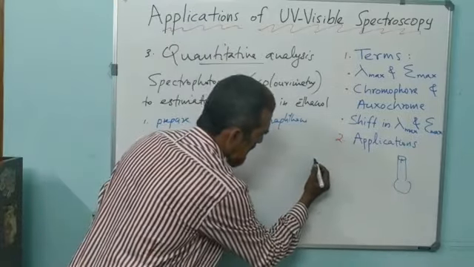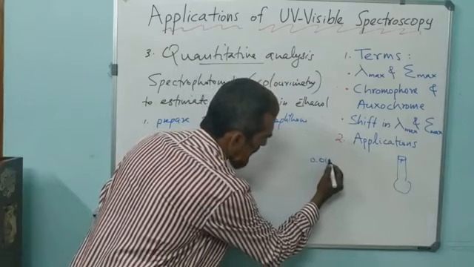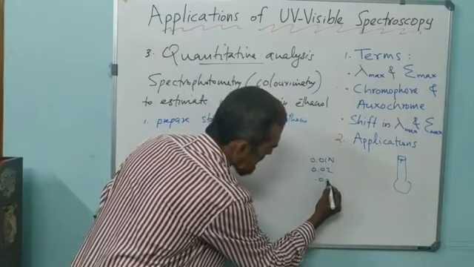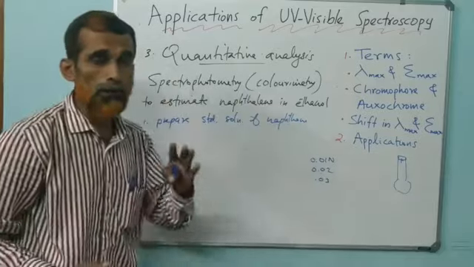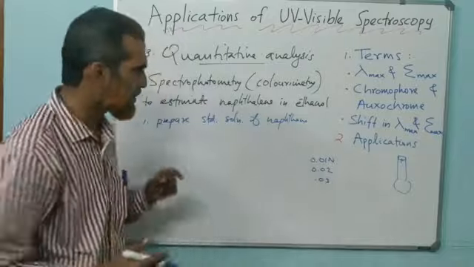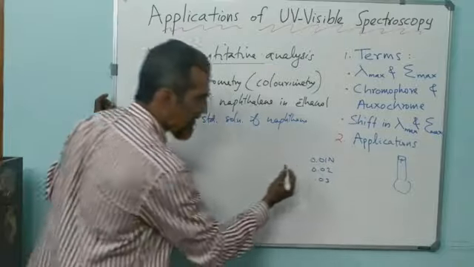Like you prepare say 0.01 molar, then 0.02, 0.03, etc. You prepare solutions of known concentration, standard solutions of naphthalene.